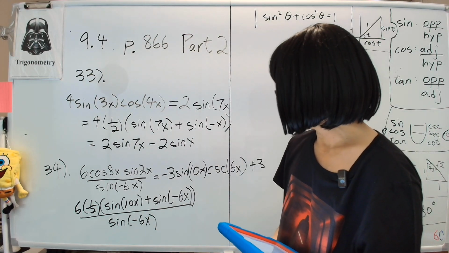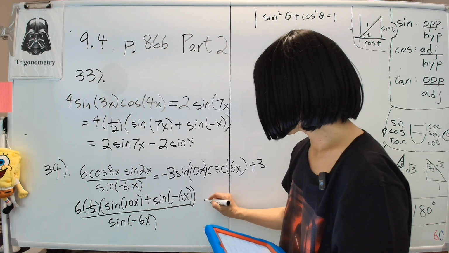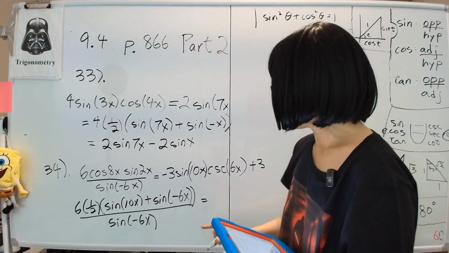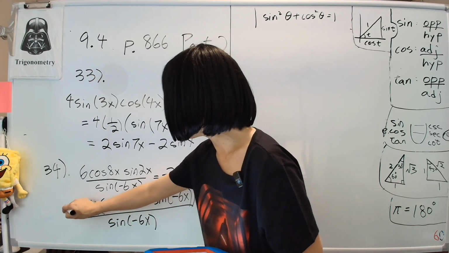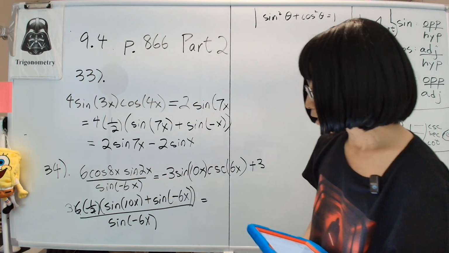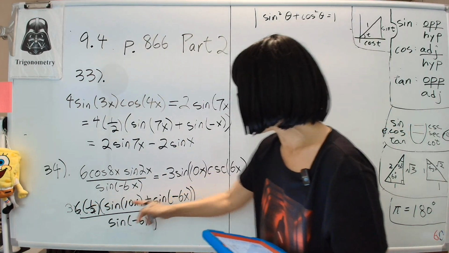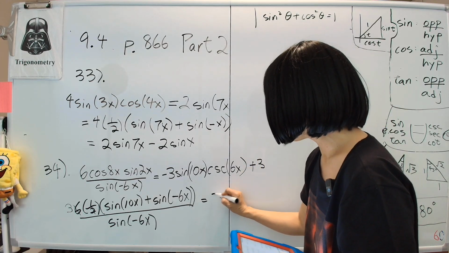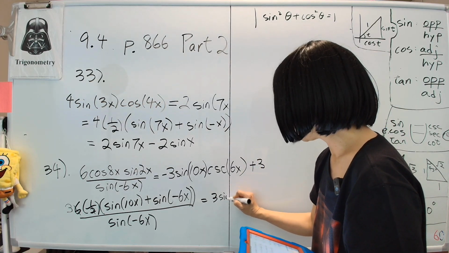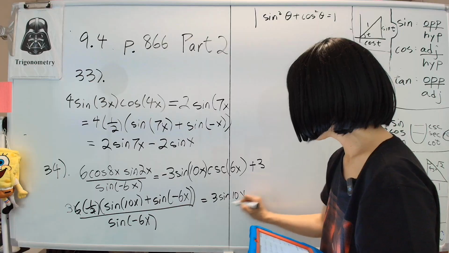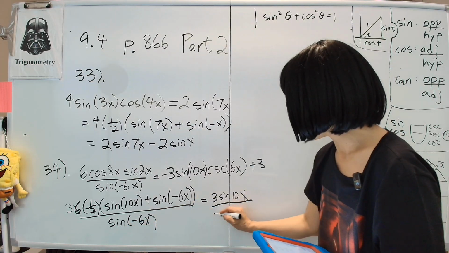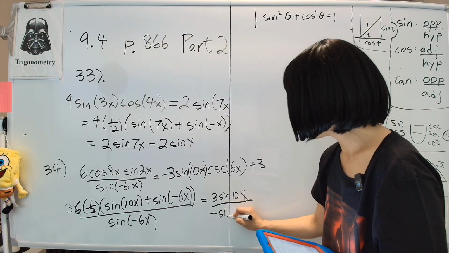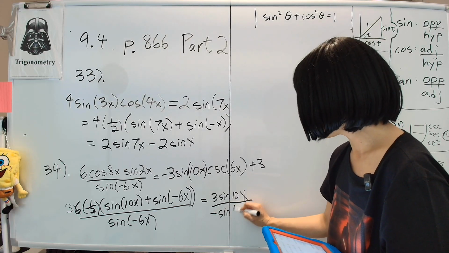So that equals, let's cancel this out, that becomes 3, right? And then we'll multiply this out, so that will be 3 sine of 10x divided by minus sine of 6x.